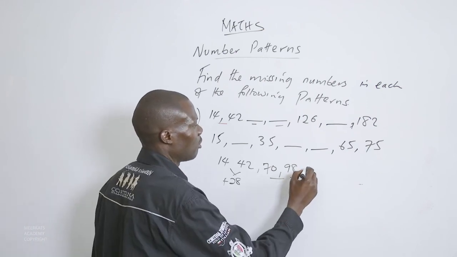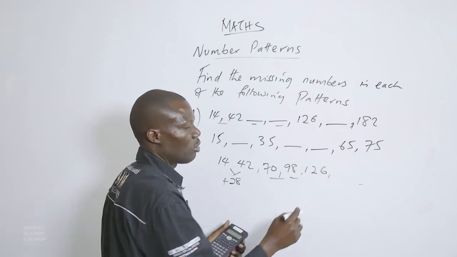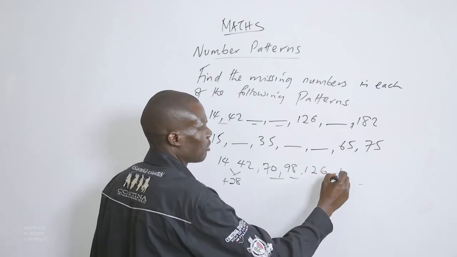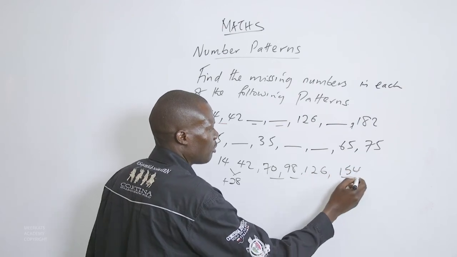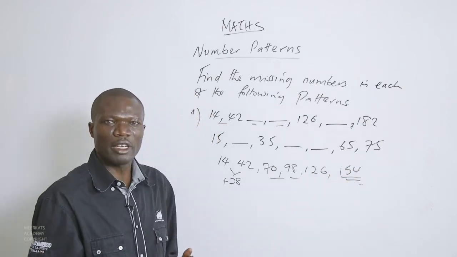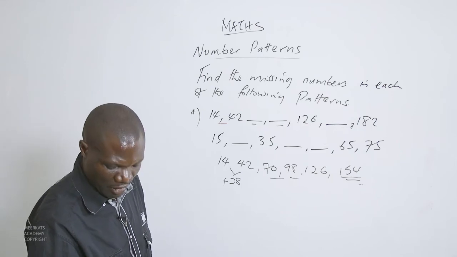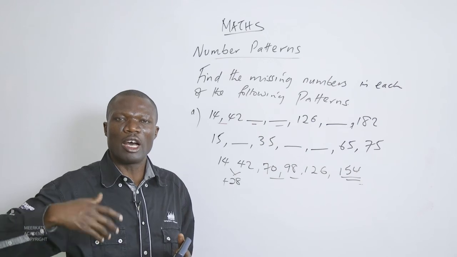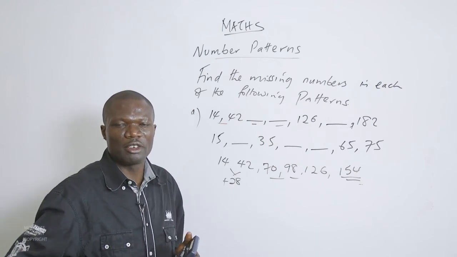It is giving us 126. 126 plus 28 gives us 154. Now, you realize that the pattern has been identified, and at any given time, the previous term plus 28 gives you the next one.